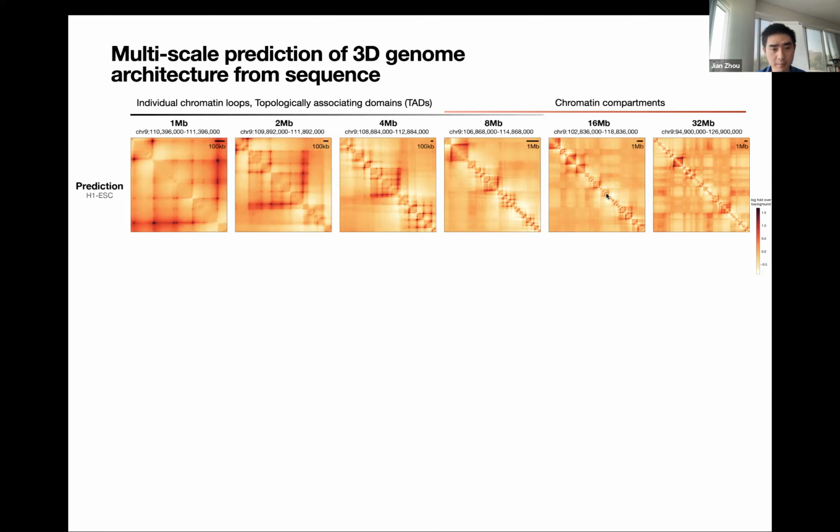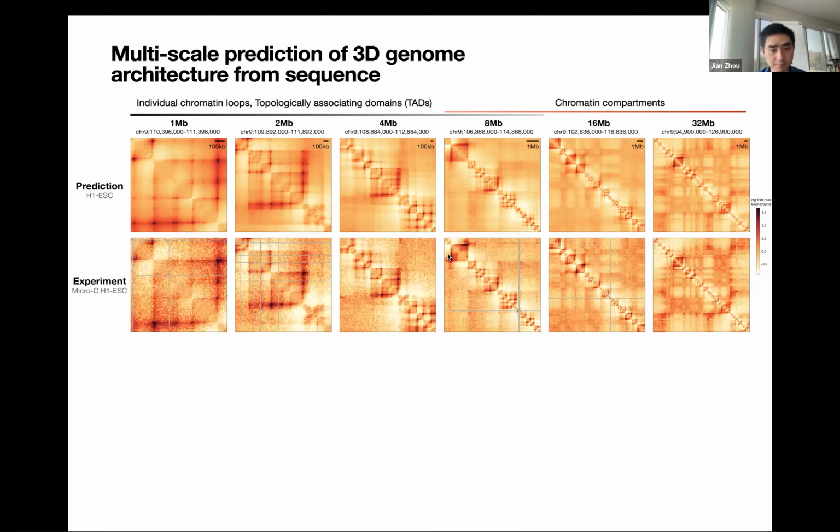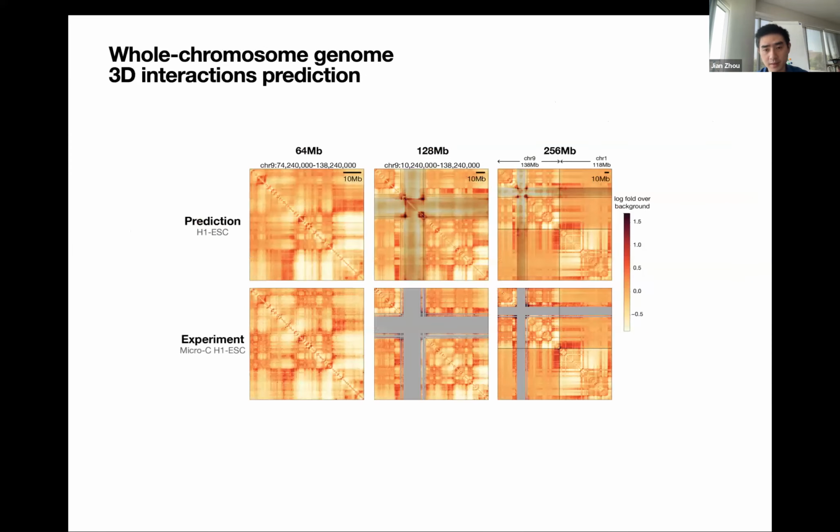And if we compare with the actual experimental data measured on this chromosome, we see that there is very good agreement with our prediction. So we can now do very good predictions using only sequence as an input across all of those spatial scales.